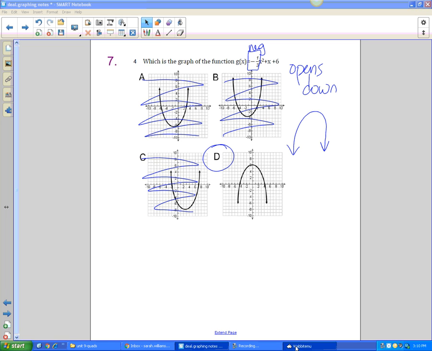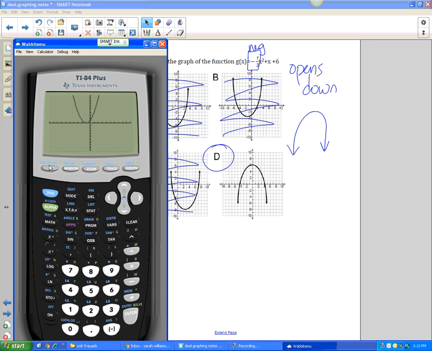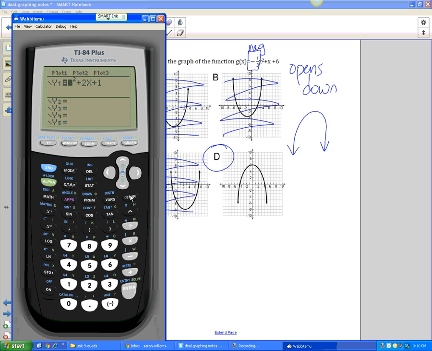All right, once again, I encourage you to check your work in your calculator. So I would do negative 1/3 x squared plus x plus 6. Graph. And there's the picture of it.